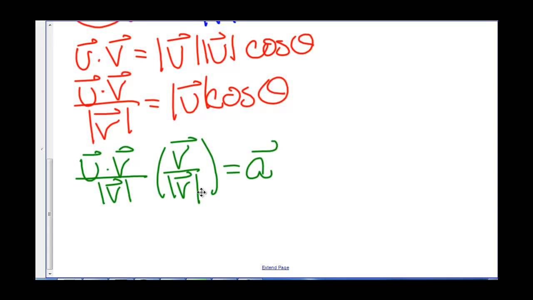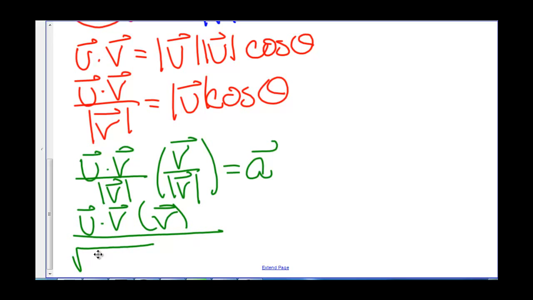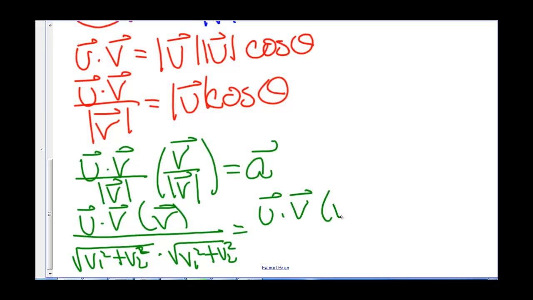So the length of v times the length of v, well, that is the square root of v1 squared plus v2 squared, etc., times the square root of v1 squared plus v2 squared. So that is u dot v times the vector v, put parentheses around those, over v1 squared plus v2 squared.